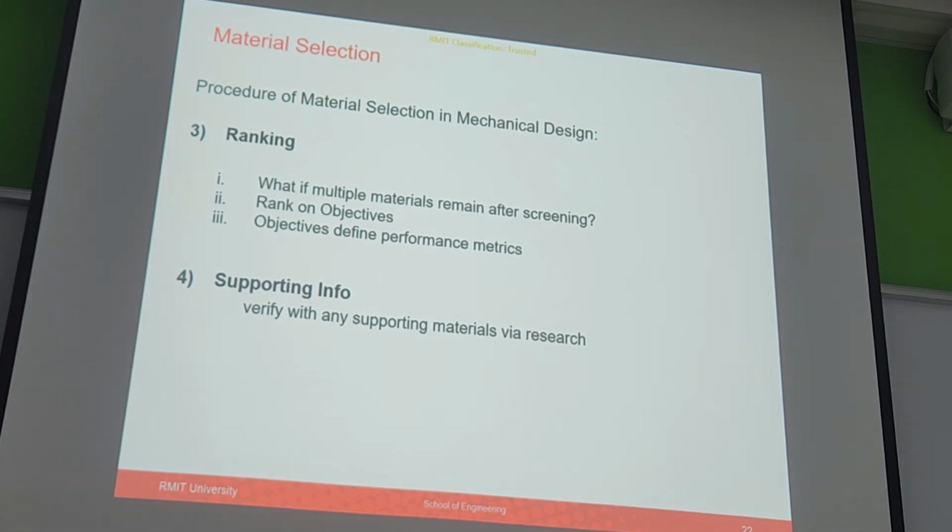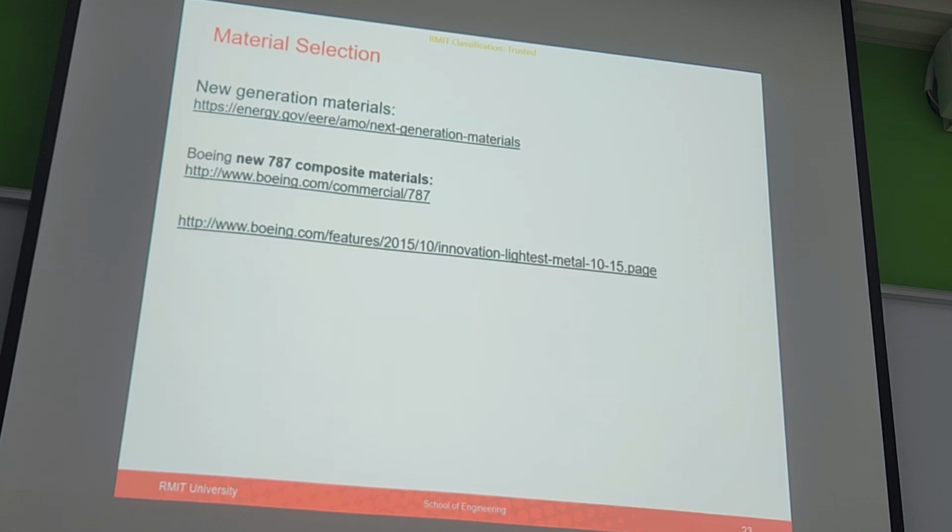For design, especially material selection, we need huge information. How can I use it? As I said, go to the internet, go to websites, go to research, and for example, you find a new material.